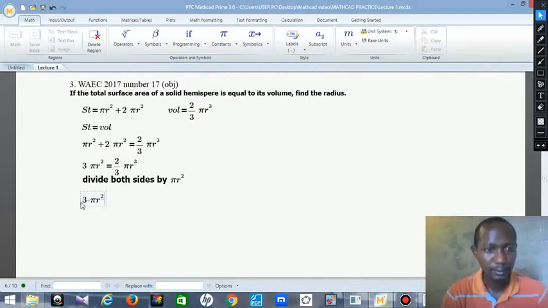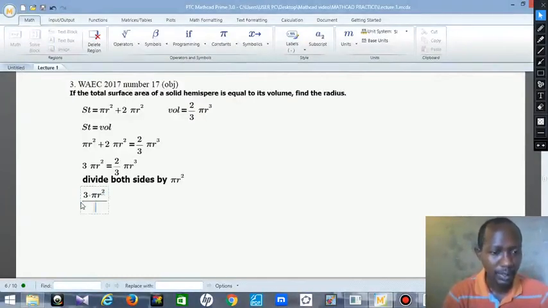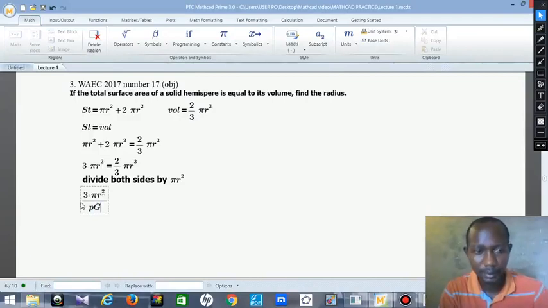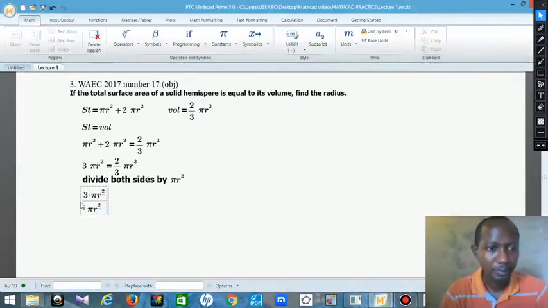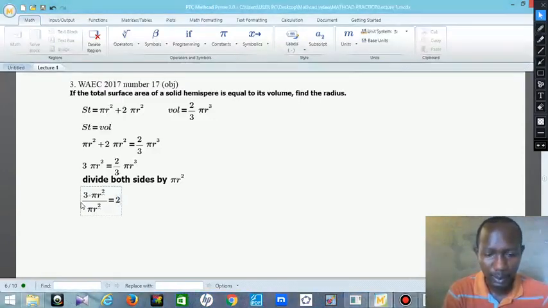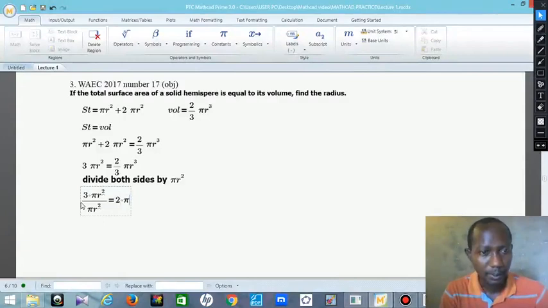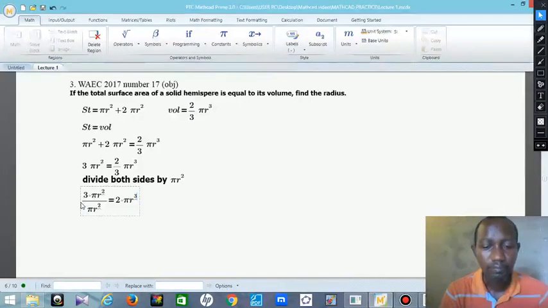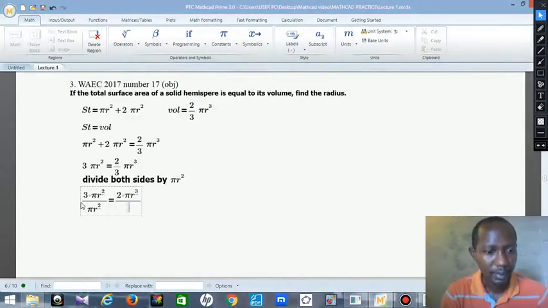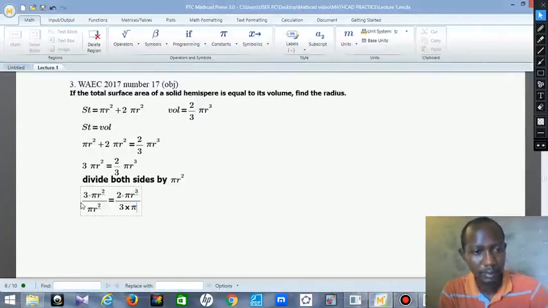Okay, so when we divide both sides by pi r square, we are going to get 3 pi r square divided by pi r square. Then this is equal to 2 pi r cube divided by 3 times pi r square.